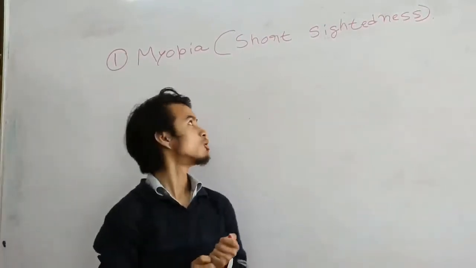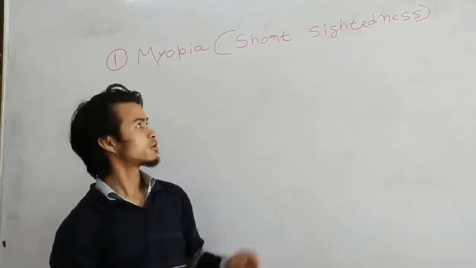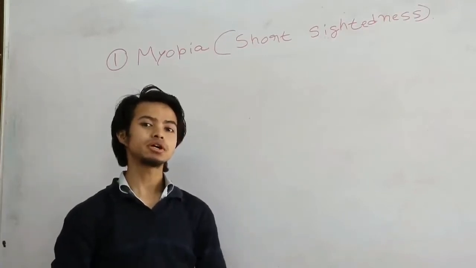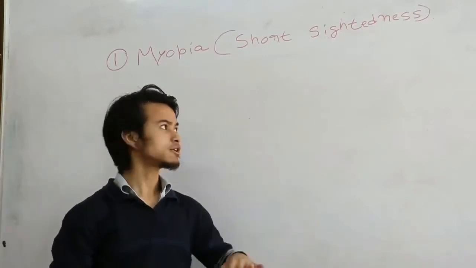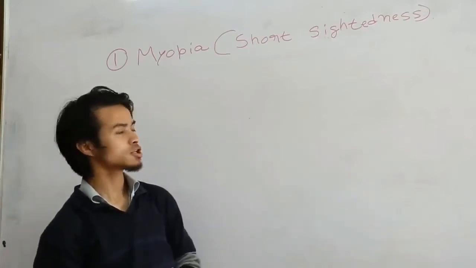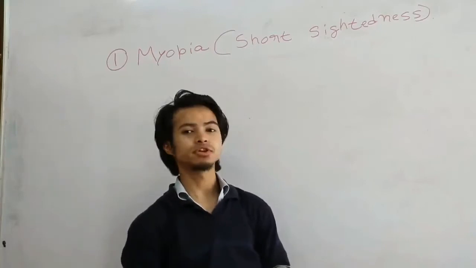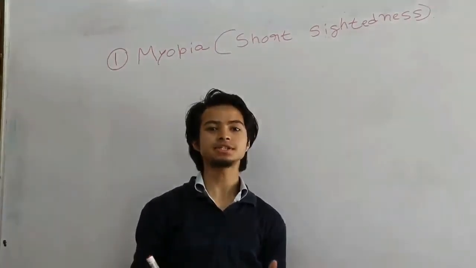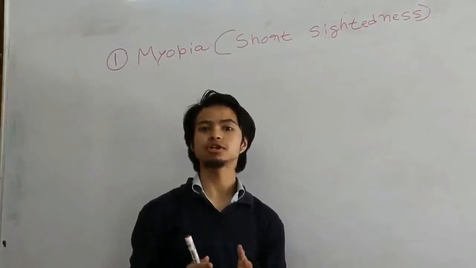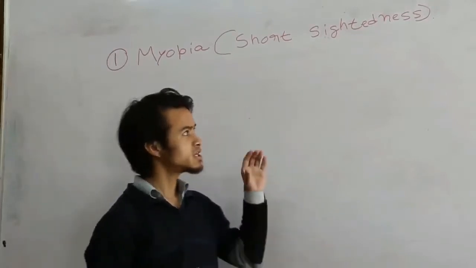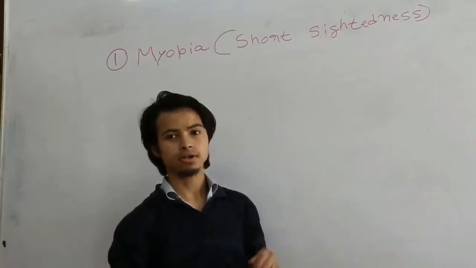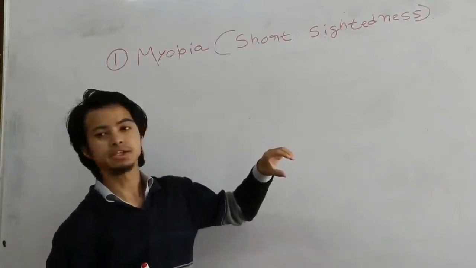This is a common eye defect in which a person suffering from this defect can see only the near objects clearly, but cannot see objects which are lying very far clearly. The cause of this defect is the elongation or the increase in the size of the eyeball. Hence, the image will be formed in front of the retina, instead of at the retina itself.